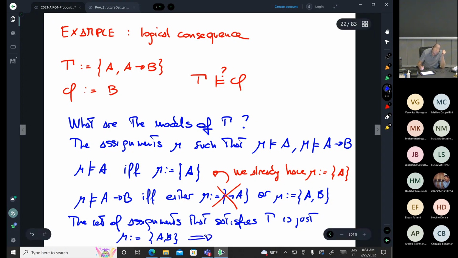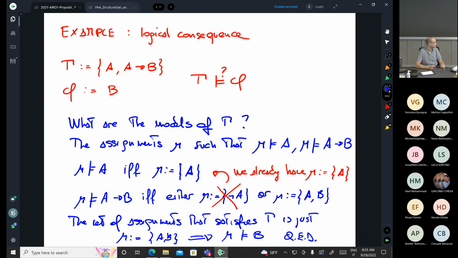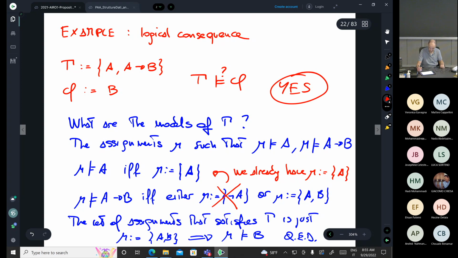And clearly, mu also satisfies B. So the answer is yes. I'll go over it once more. This is a very simple example, but you can expect to have more formulas here and more complicated consequences.